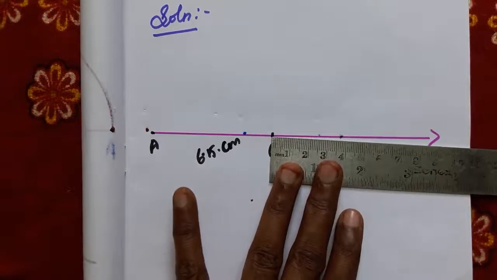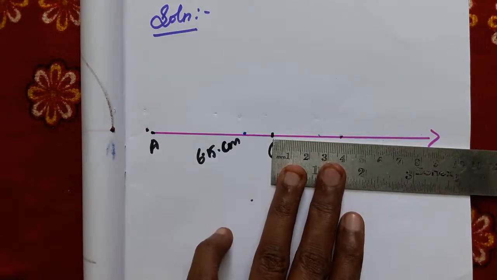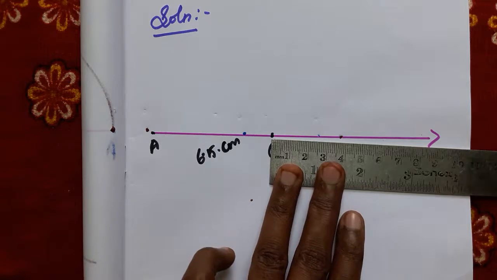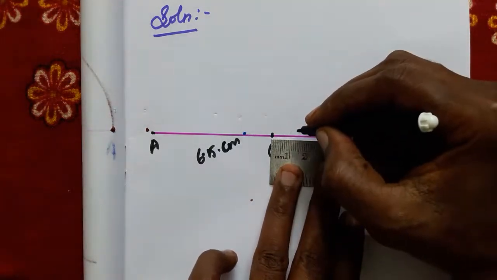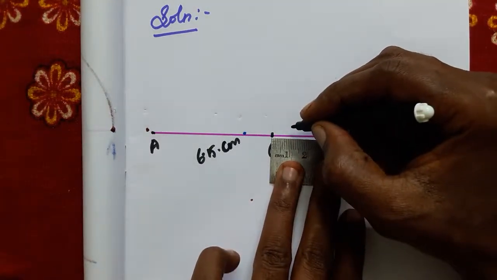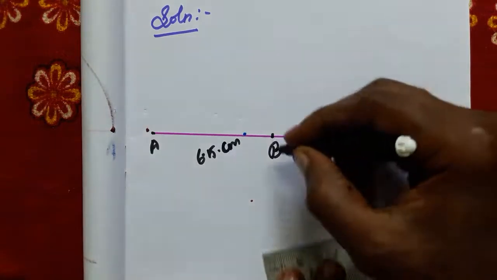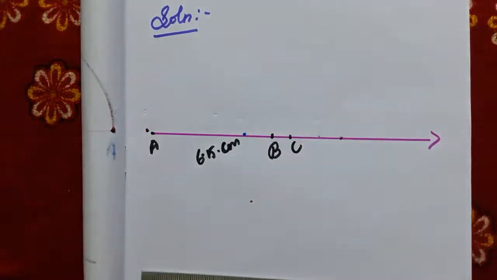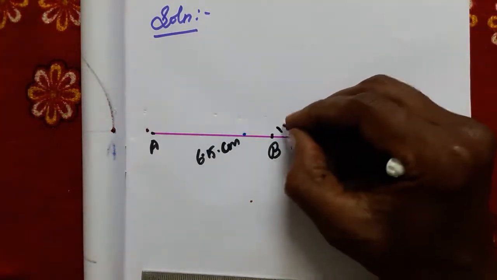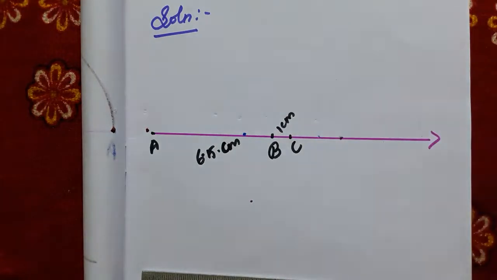Mark a point C such that BC is equal to 1 centimeter.